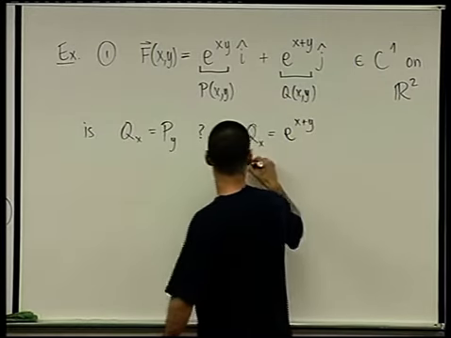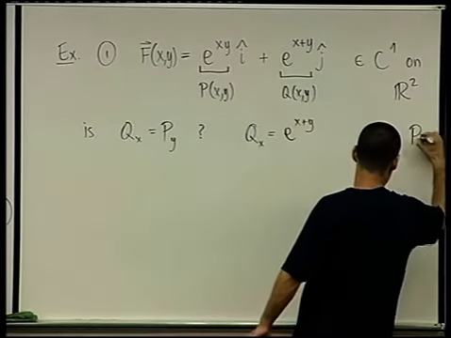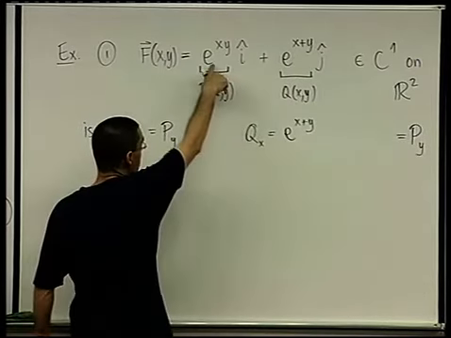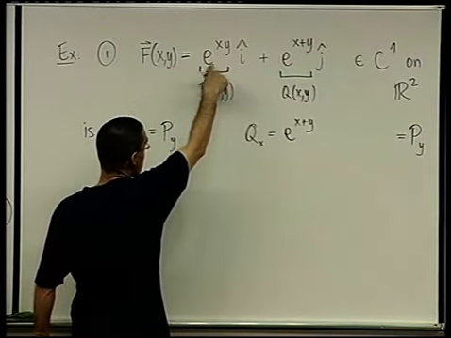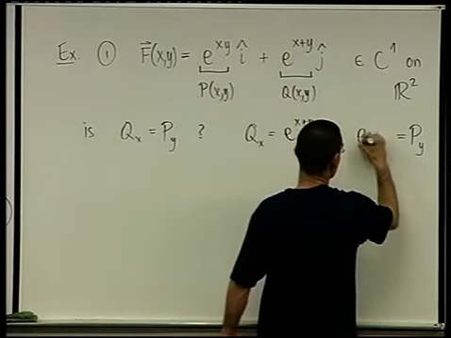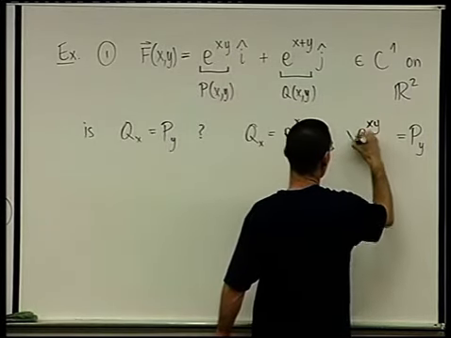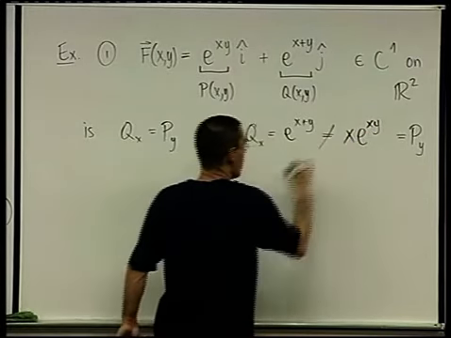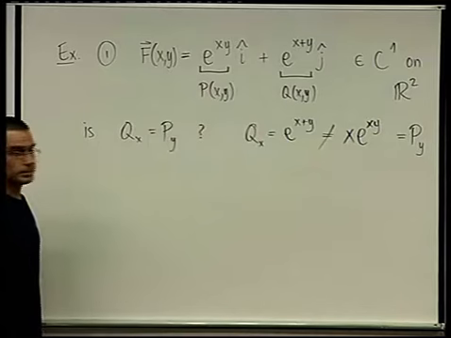Py, or let's write it like this, suggestively, py, the derivative of p with respect to y, is e to the xy times the inner derivative x. And they're not equal. This is not the same function, obviously. Do you agree?